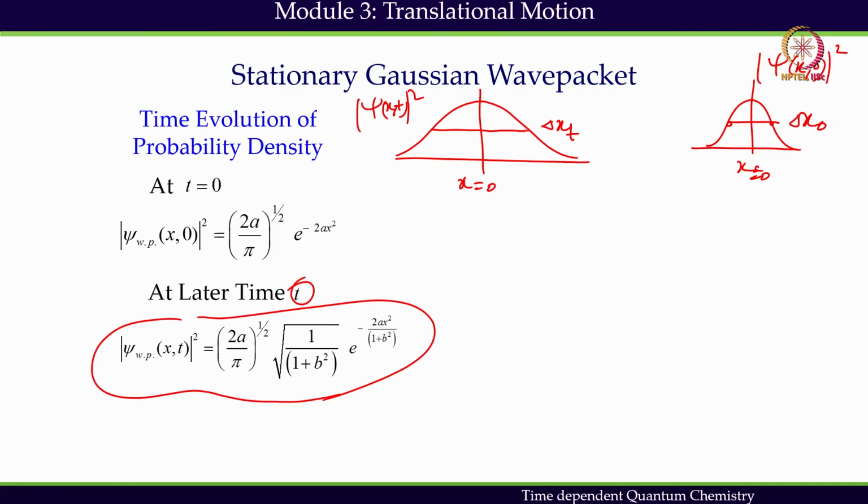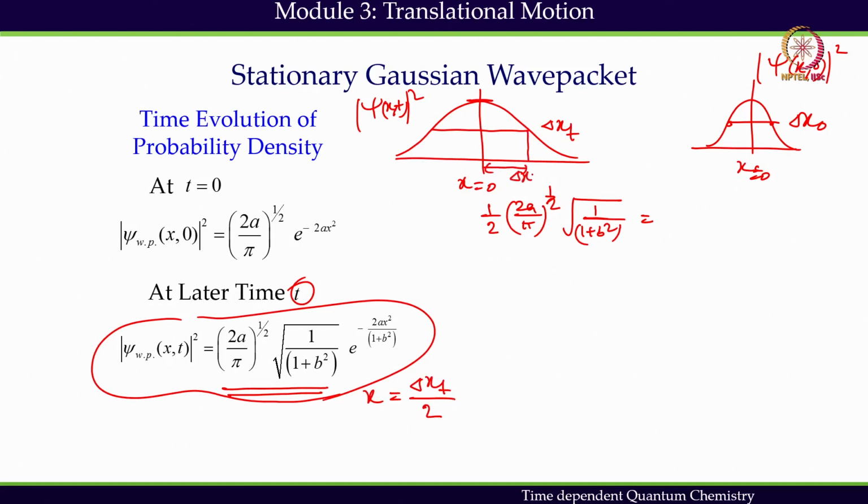So by definition of full width half max, again half of its maximum intensity, this is the maximum intensity, half of its maximum intensity is obtained when the x is delta x t by 2, because this part is delta x t by 2.